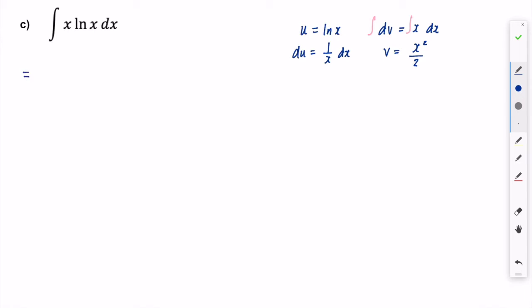Applying the formula of integration by parts, uv, I have x squared ln x over 2 minus the integral of v du, which is x squared over 2 times 1 over x dx.